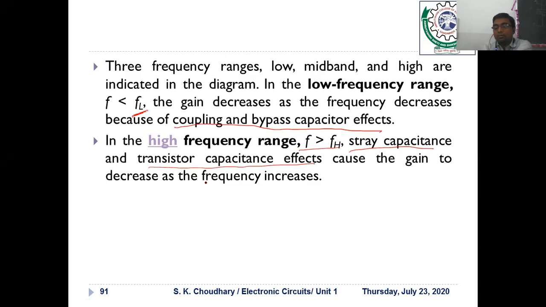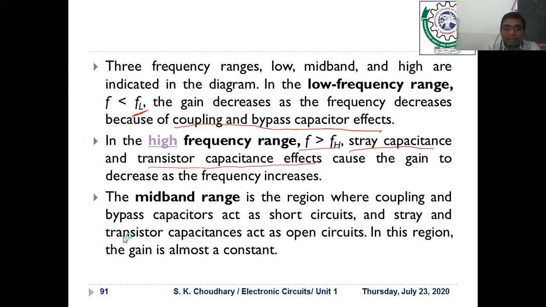Gain starts to decrease. In the mid band range, the coupling and bypass capacitors act as a short circuit, and the stray and transistor capacitances act as an open circuit. In this case, gain is almost constant.